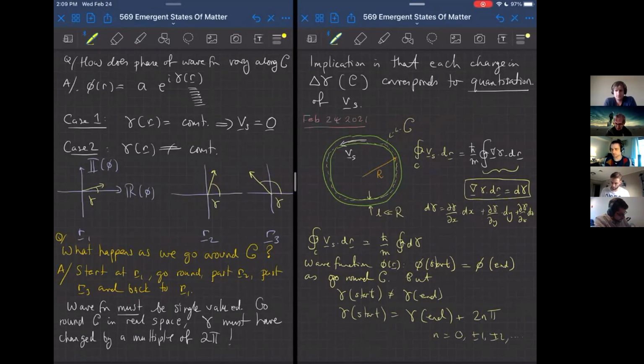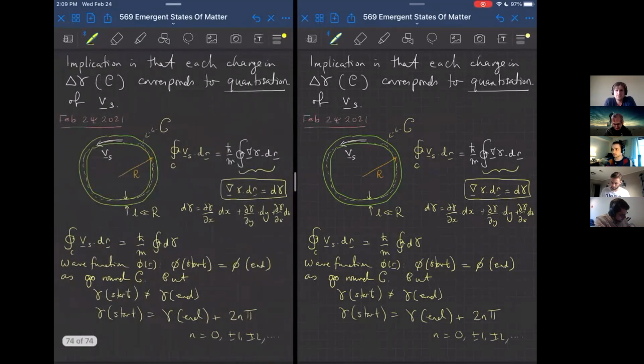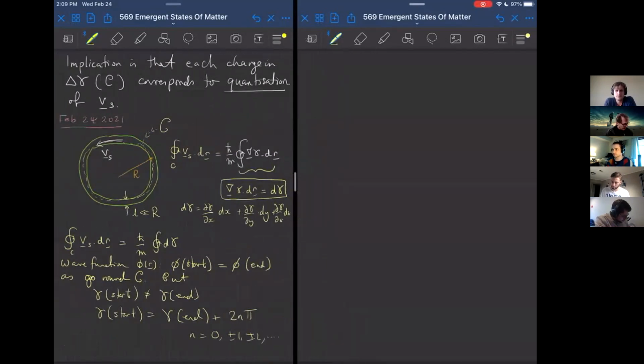And so what that tells us is that the line integral around this curve of Vs dotted with dr must then equal ħ over m times 2πn.